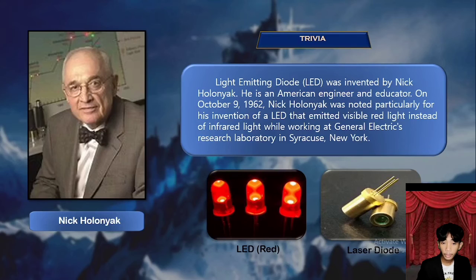Another invention of Nick Holonyak aside from the LED is the laser diode. For those who don't know, a laser diode is found in the remote of our television, and it emits invisible light.